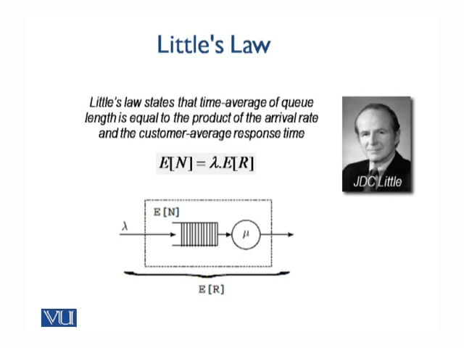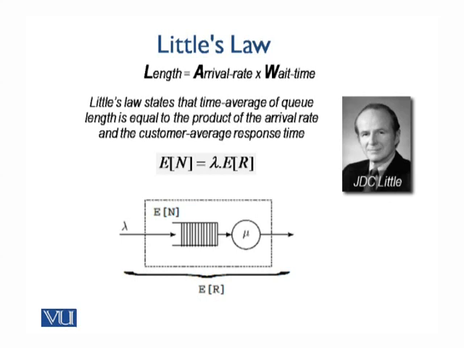And the entire response time is the time it takes to get into the system and get out of the system. If you want a simple way of remembering this, you can use the mnemonic of breaking down law as length is equal to arrival rate into waiting time.